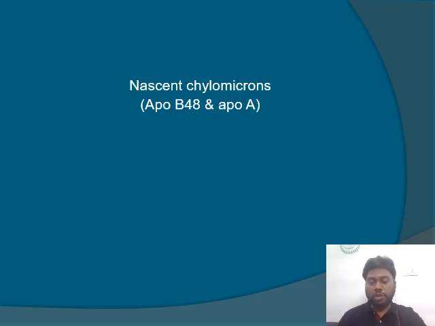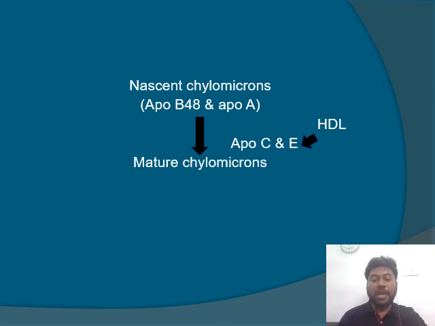They will become mature only after receiving the remaining apolipoproteins, that means ApoC and ApoE. ApoC and ApoE are usually obtained from HDL in the circulation. After receiving them, the nascent chylomicron becomes a mature chylomicron. Once it becomes mature, it comes in contact with the peripheral tissues.